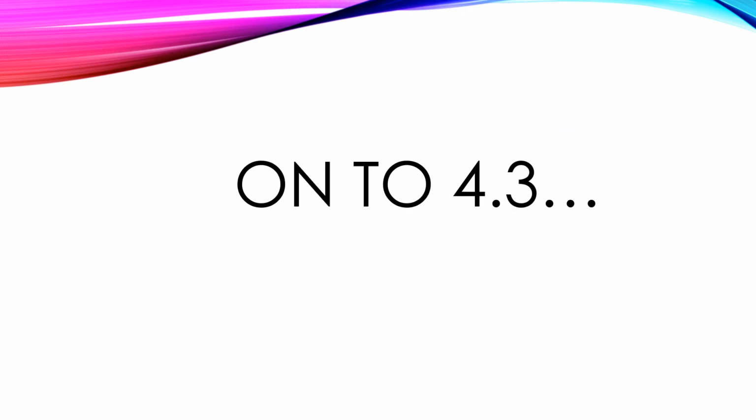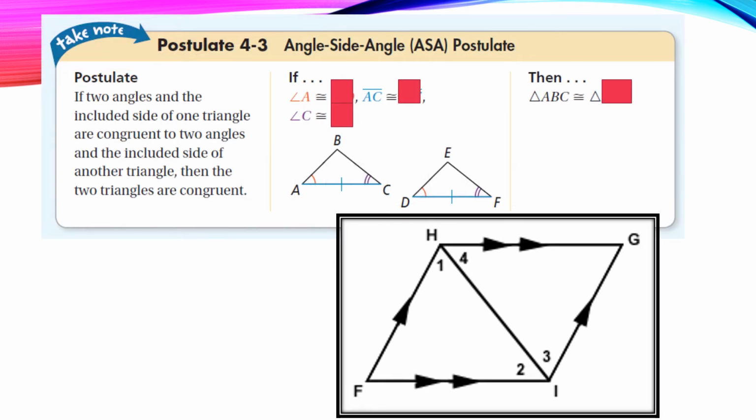Okay, so on to 4.3. This is some more triangle congruence. Postulate 4-3 is the angle side angle postulate, and that is if two angles and the included side of one triangle are congruent to two angles and the included side of another triangle, then the two triangles are congruent.